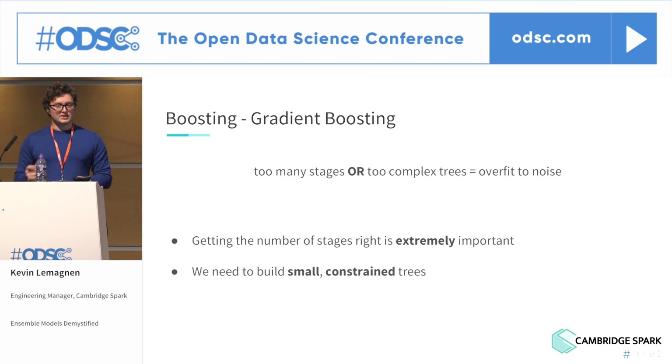Here, every tree is actively compensating the error of the previous one, so you need to make them small enough that they correct only a small amount of error every time. In fact, there is another parameter that I'm not mentioning in the slides, called the learning rate, that allows you to add a weight to every tree you're adding, so that it's limited to correcting only a small amount of error.